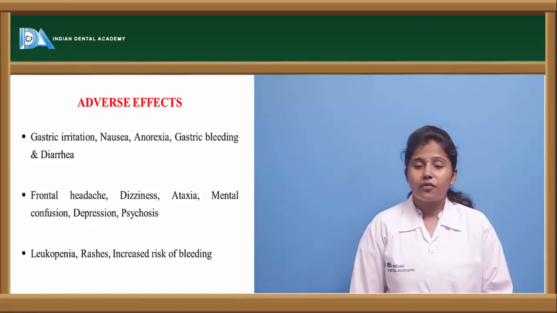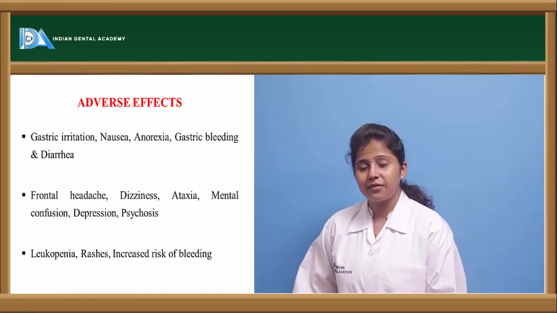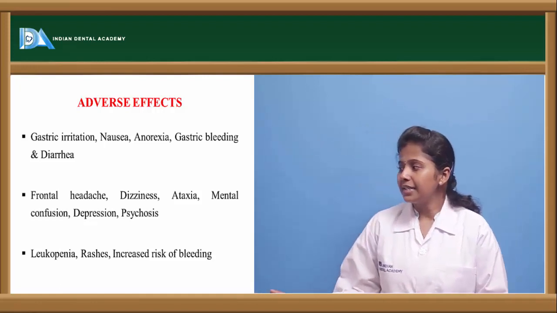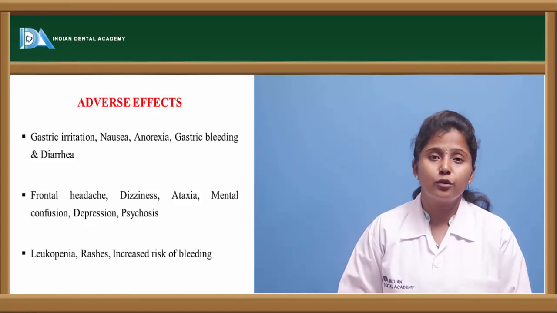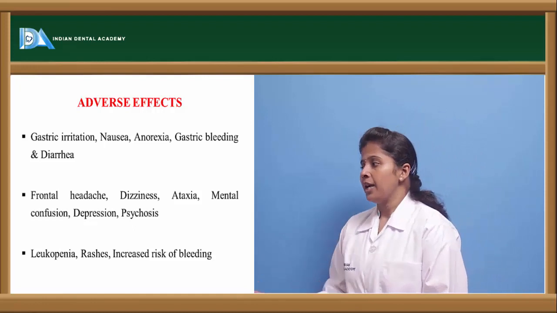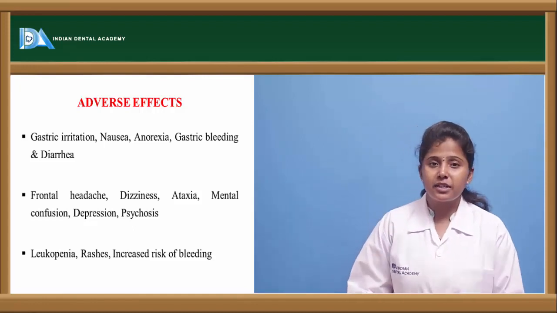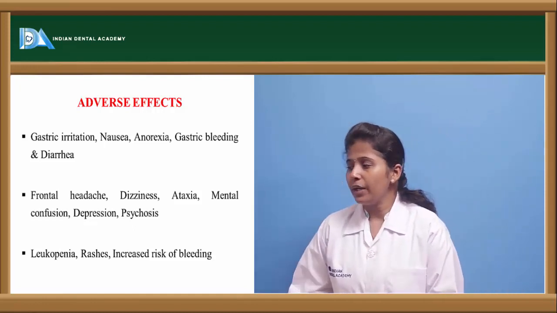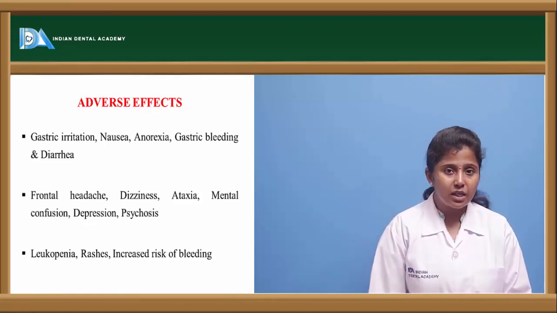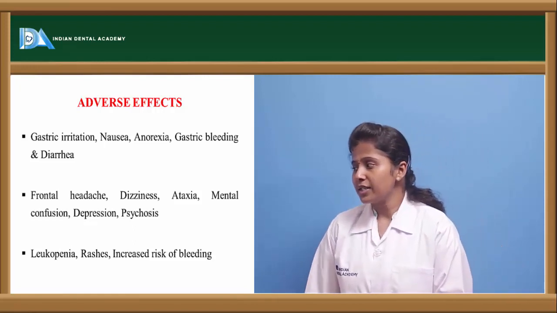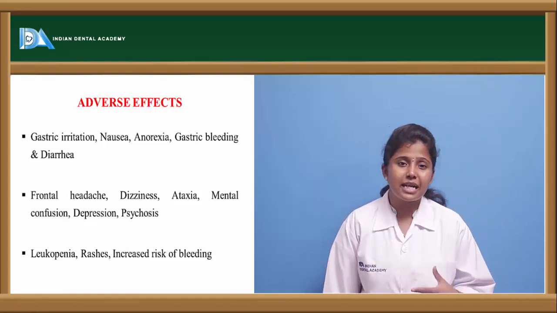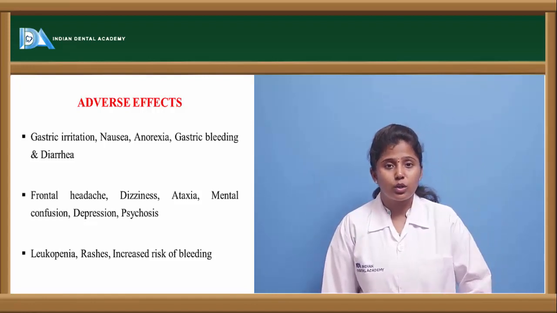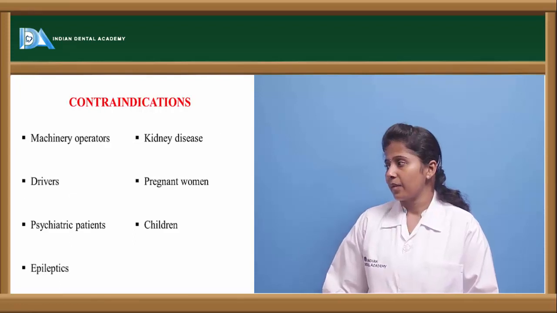It causes frontal headache, with severe pain in the frontal region, dizziness, ataxia, social detachment, mental confusion, depression, and psychosis. There will be leukopenia, that is decreased leukocyte count, rashes, and an increased risk of bleeding. These are all the side effects which occur on overdose of Indomethacin.